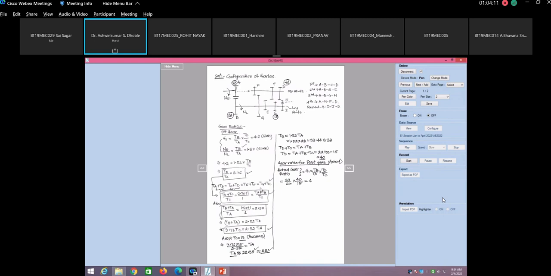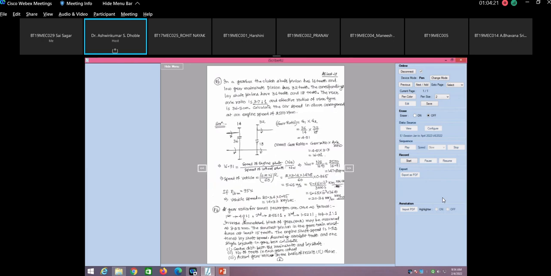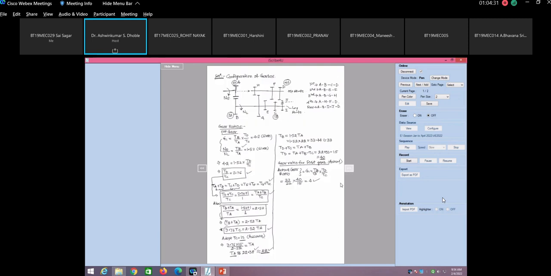So sir, we started with the gear ratio. How much was given, 4 point something, 4.2 was given, but actually when we designed it comes out to be 4. 4.2 was given, then we landed up with 4.